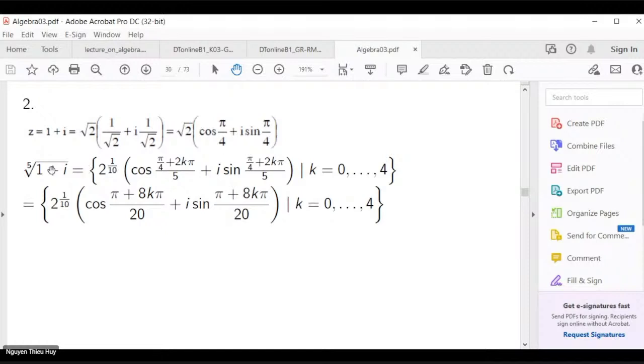So now let's compute the fifth root of 1 plus i.